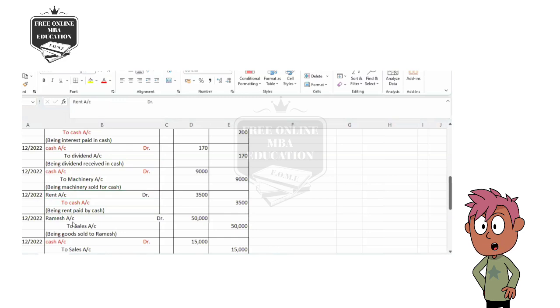So next here is goods sold to Ramesh, rupees 50,000. Now we have sold the goods, that means it has been our income. So sales account is going to be our income, credit all income and gains, nominal account will be credited.